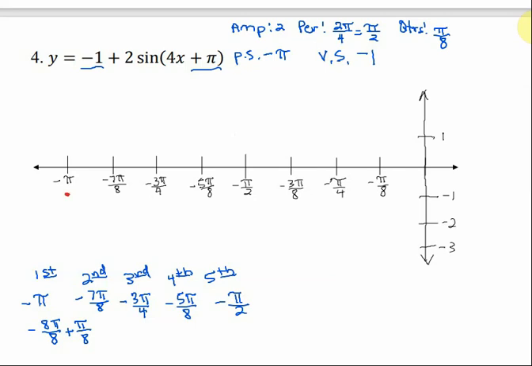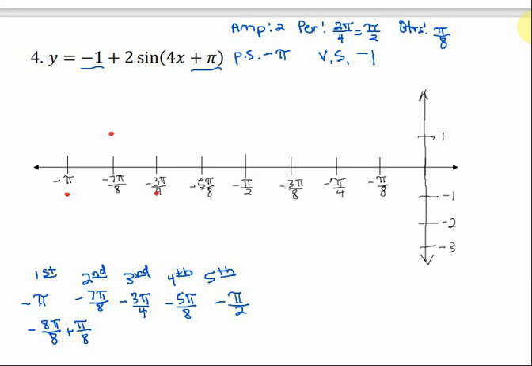And then our sine graph goes up, and since we don't have a reflection, it's still going to go up. But our amplitude is 2, so that means we're going to go up 2 spaces. So at the first quarter, we're going to go up 2 spaces to +1. And then we go back down to what would normally be 0, but in this case it's -1.